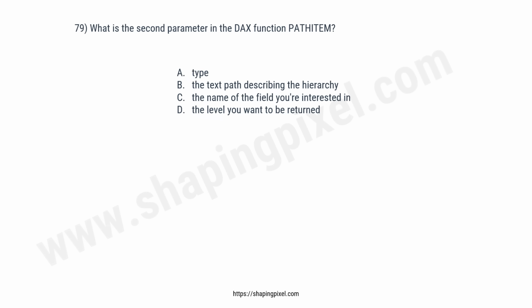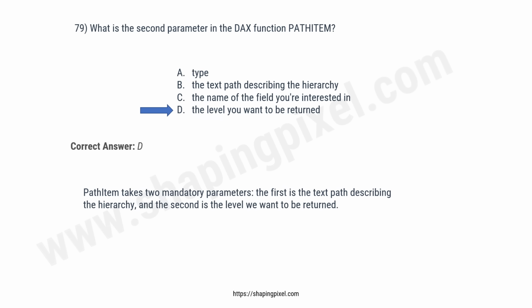So the right answer here is option D, the level you want to be returned. Path item takes two mandatory parameters. The first is the text path describing the hierarchy, and the second is the level we want to be returned.